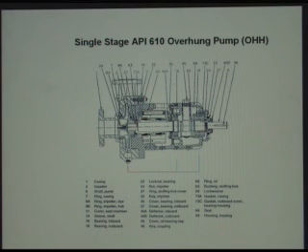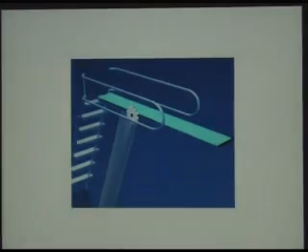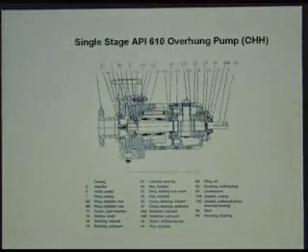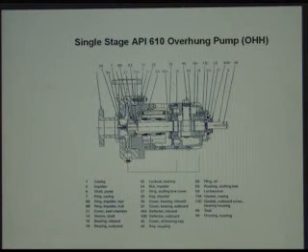I don't know if anyone else thinks about it, but when I see that, I think of something like this, where you've got an anchor point here, an anchor point here, and then the impeller's out here trying to bounce around. So we spend a lot of time and effort trying to make sure that this is stiff enough that the impeller is not allowed to move, is constrained by these bearings.